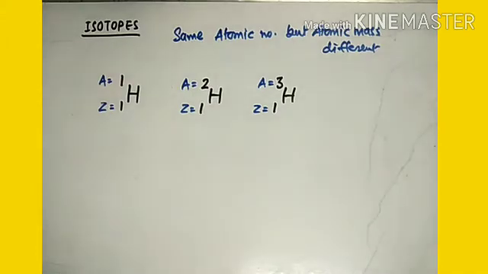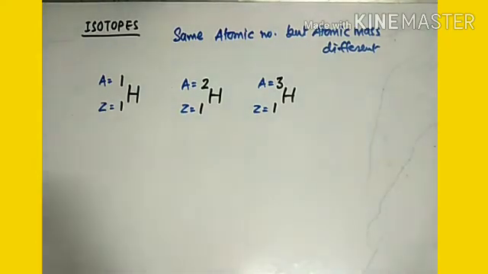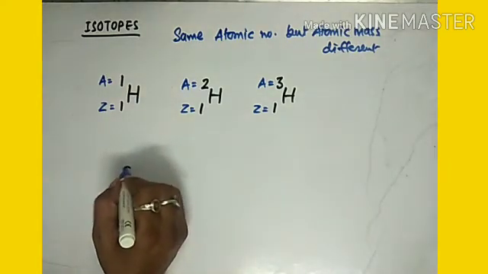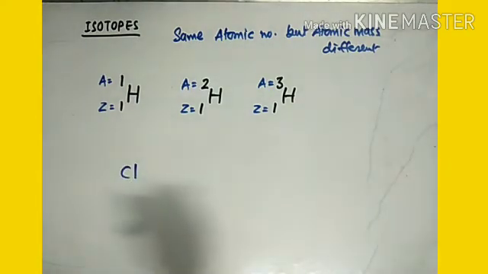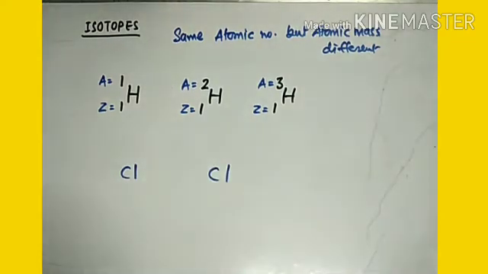We can consider one more example here. Suppose we have chlorine, right? Chlorine has 2 isotopes.